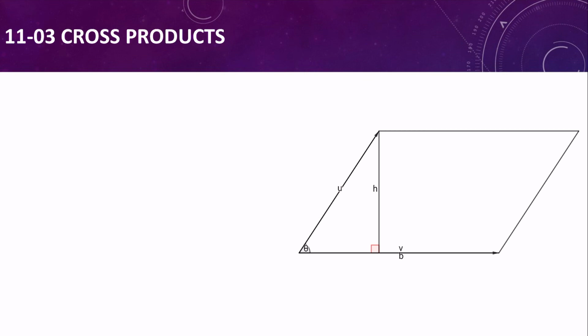Another property or use of cross products is to find the area of a parallelogram. The area of the parallelogram is base times height. Well, if I use vectors u and v to represent sides, I have an angle here, we can use this right triangle, and we know the opposite side and the hypotenuse, which would be the magnitude of u.